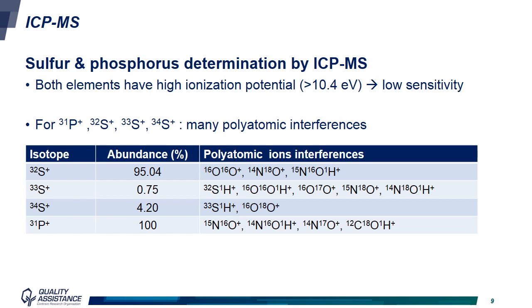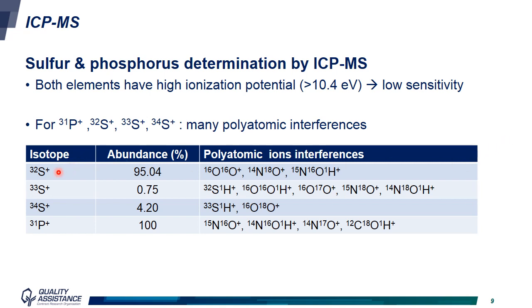Some words about the ICP-MS determination of sulfur and phosphorus. These elements have a high ionization potential, more than 10 eV. That means that they show low sensitivity in ICP-MS. In addition, there are many polyatomic interferences for all isotopes of phosphorus and sulfur.